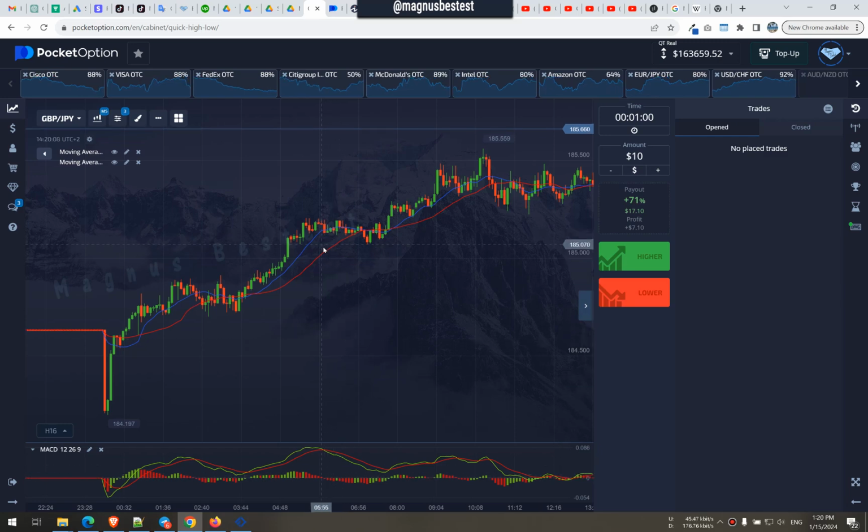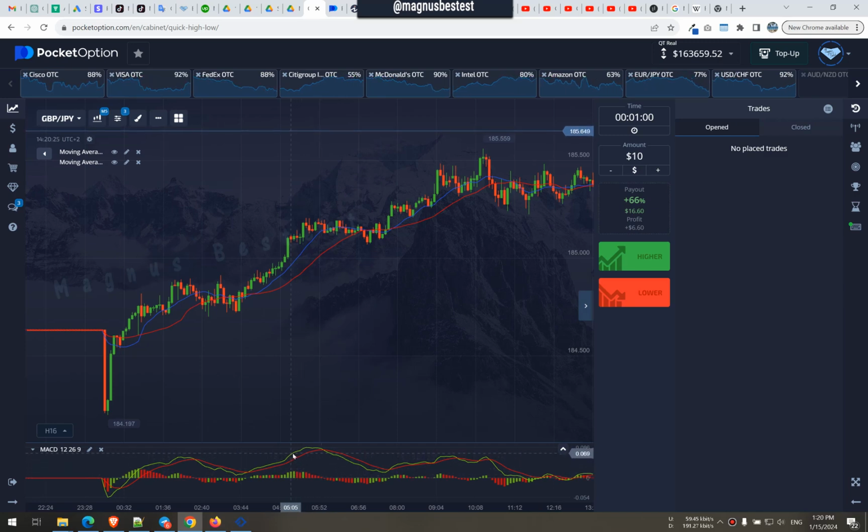And here, of course, the size is big, so the histogram is always measuring the distance between the MACD line and the signal line. Okay, so keep this in mind.